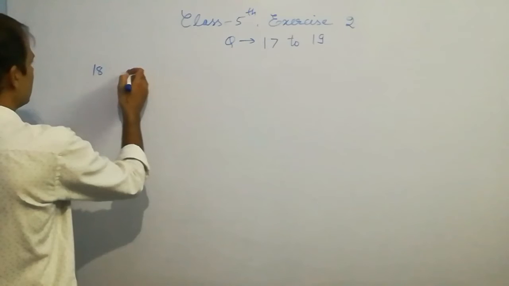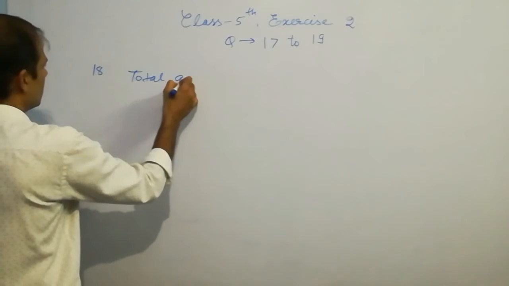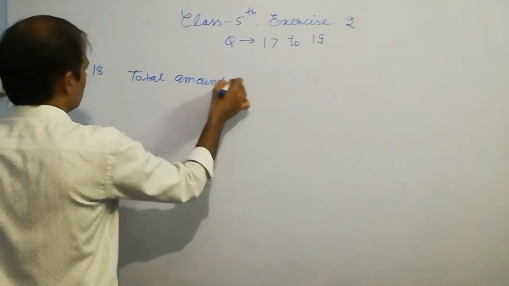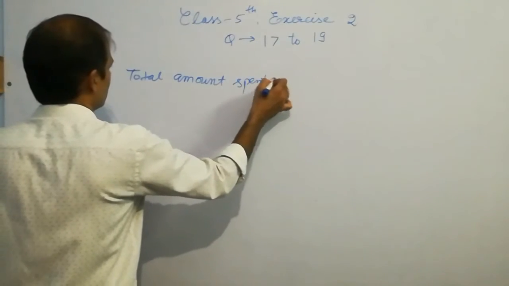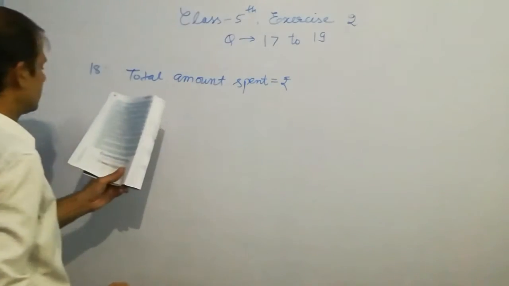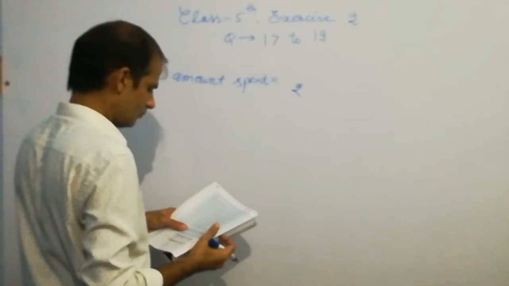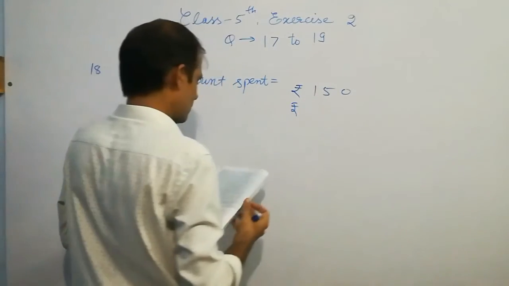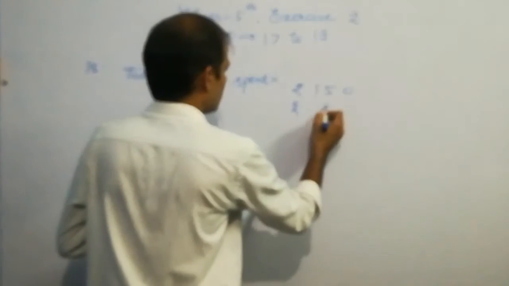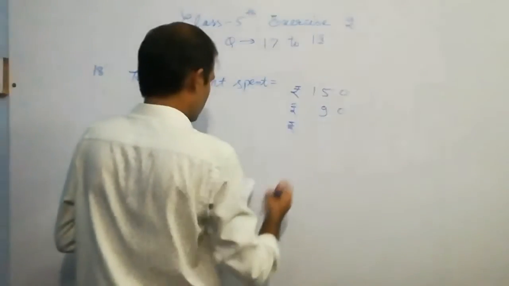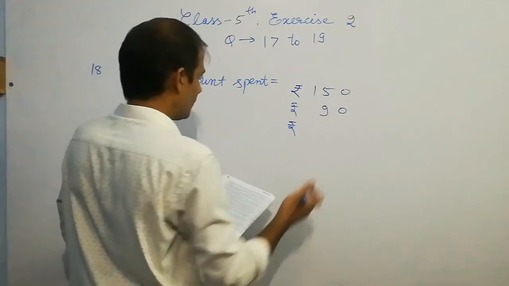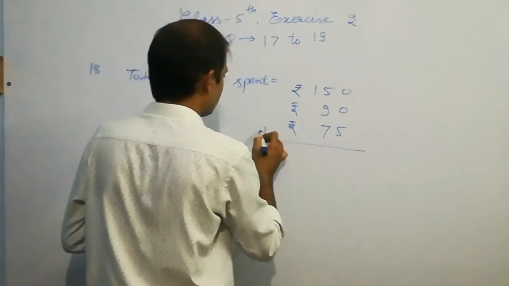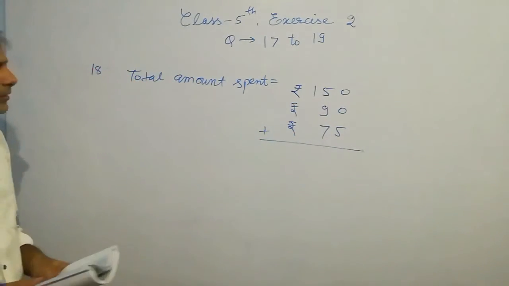total amount spent. Okay, it is rupees 150, rupees 90 and rupees 75. So find the sum of these.